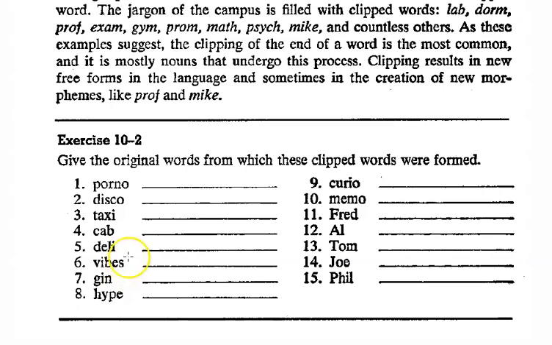Be careful. Okay. So vibrations, we cut the end of vibration, and we left the plural S. Vibration, ihtizaz. Vibrations, ihtizazat. So remember, when we cut the end of a word, we don't cut the plural S. We just leave it. Like here, cab, I can say cabs. Taxi, taxis.